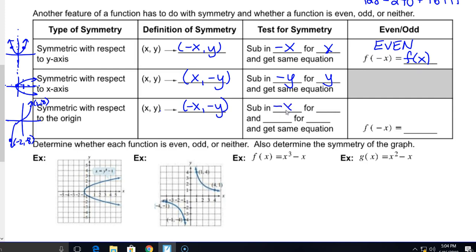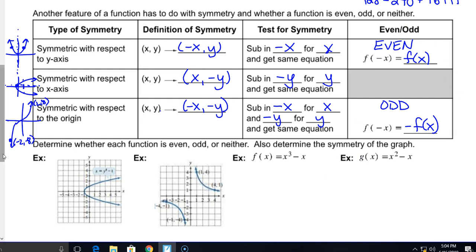Now we're going to sub in -x for x and -y in for y. And if we end up getting that, then we have an odd function. The odd function is if I throw -x in, then we're going to get the opposite of our function. So these tests for symmetry are a little bit separate from our even and odd functions. We're going to pretty much work with even and odd functions, okay?